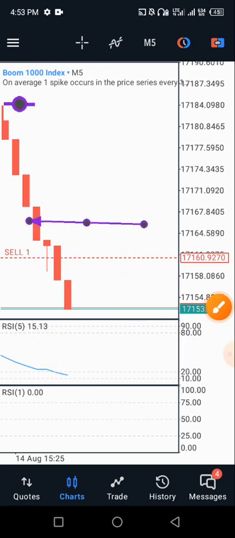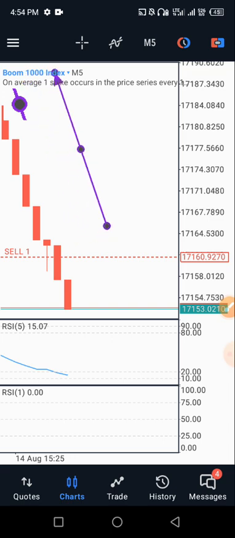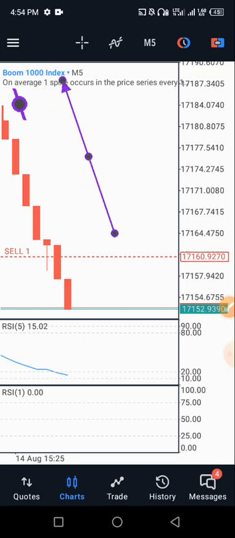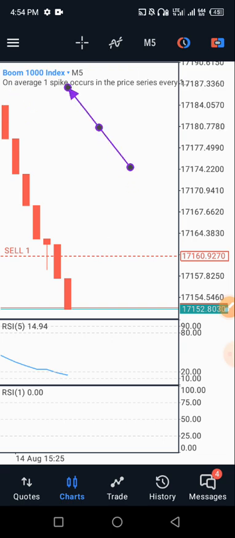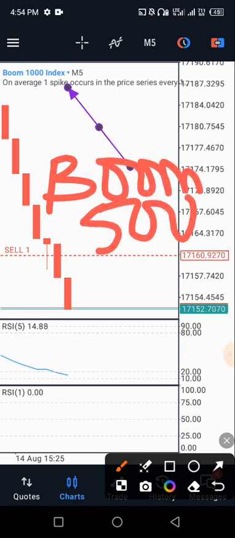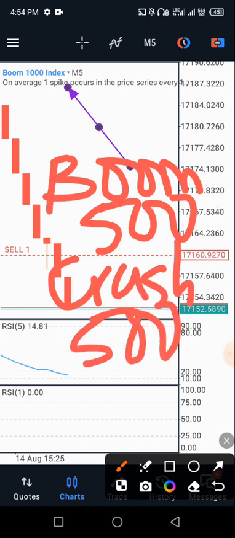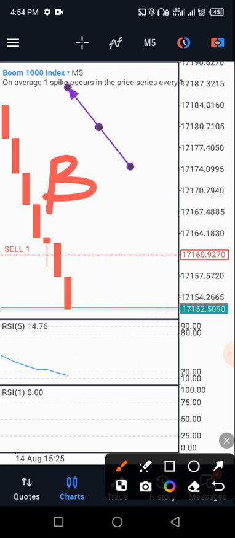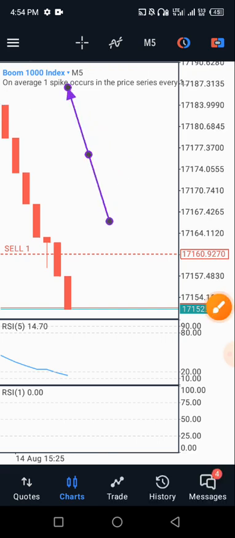The reason why we are making use of this strategy on boom 1000 index is because the boom 1000 index is not that much on spike. What I mean by that is, unlike the boom 500 or the crash 500, where you get to see a lot of spikes, the boom 1000 doesn't spike much, and crash 1000 doesn't spike much.